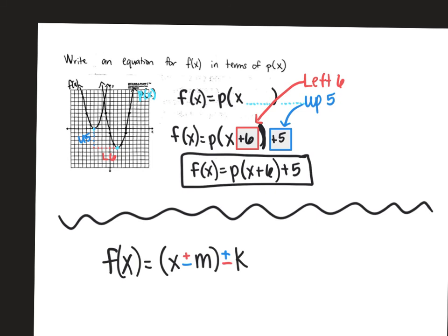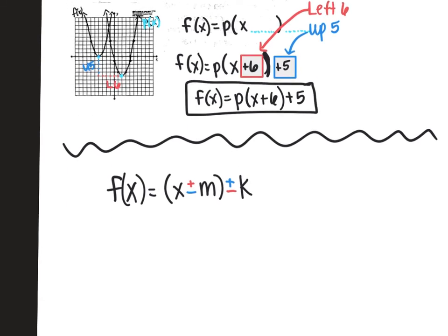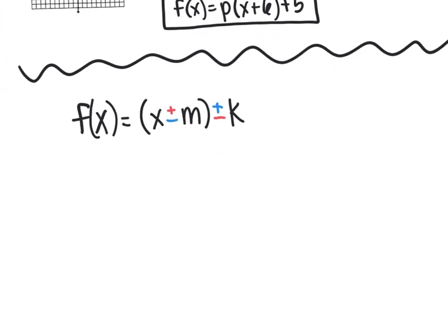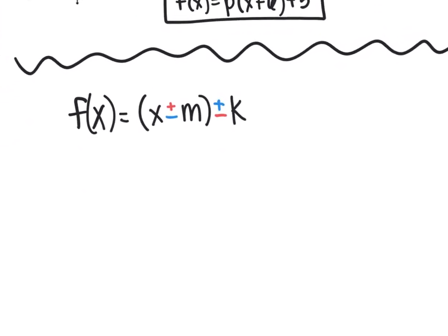Okay, so let's do a quick recap here in looking at translation of functions. If we have m, which is the number inside the parentheses with the x, if it's a plus m, we are really moving left.